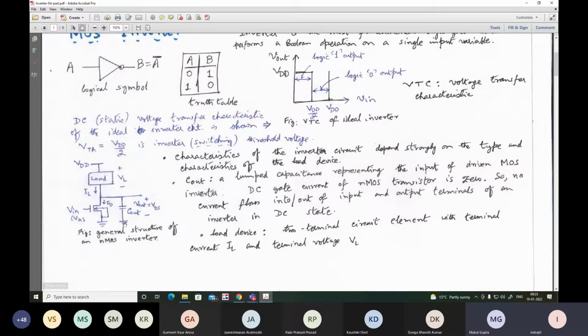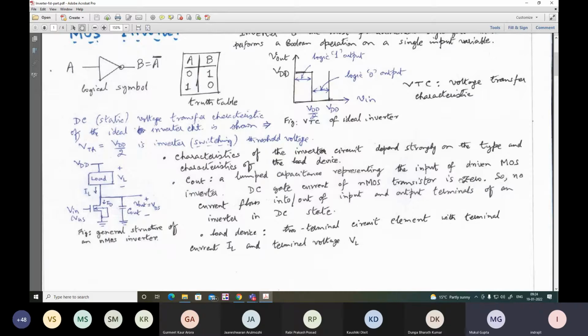Later on we shall see that Cout has mainly the input impedance of the load, the input of the driven similar circuit, and also interconnect capacitance, and something called self capacitance of the inverter itself, the driver itself. But that we shall discuss later on.